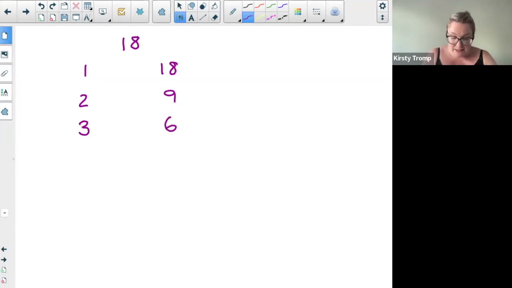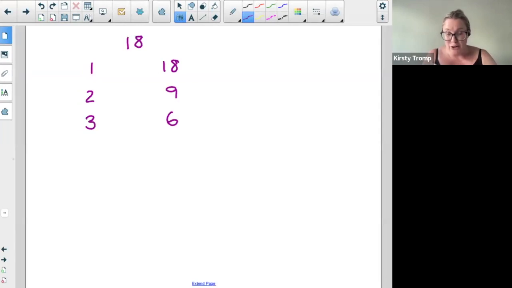Then we come back to this side and carry on going. What about the number 4? Does 4 go into 18? Nope. The number 5, does 5 go into 18? Nope, definitely not. And then we get back to the number 6, and we can see we already have 6 written down on our page. So here's our little table that they've asked us to draw.